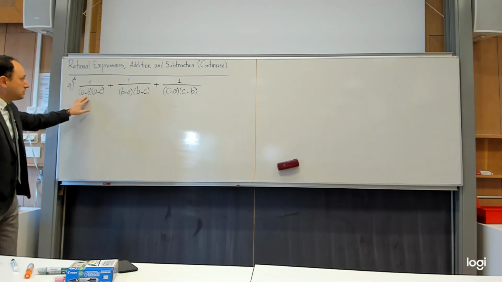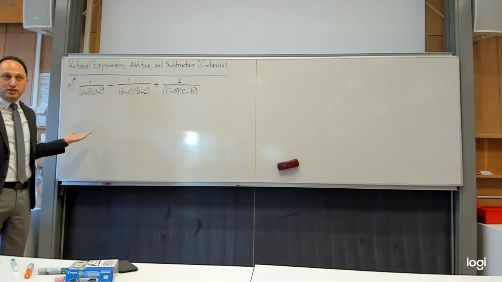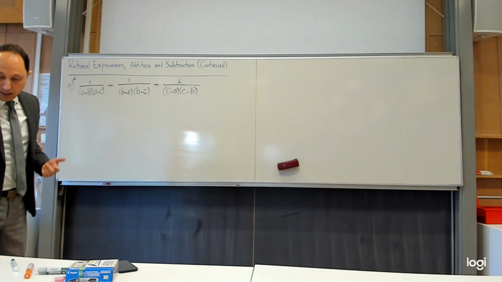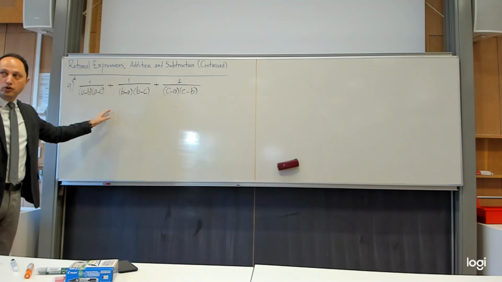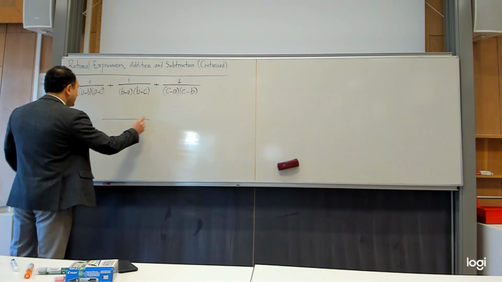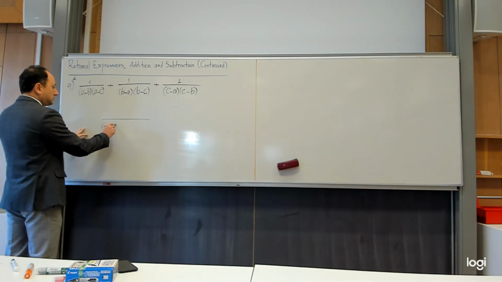Because a minus b is similar to b minus a, but it is not exactly the same thing. If you want to start solving this problem without thinking about this point, you have to write this as the common denominator.